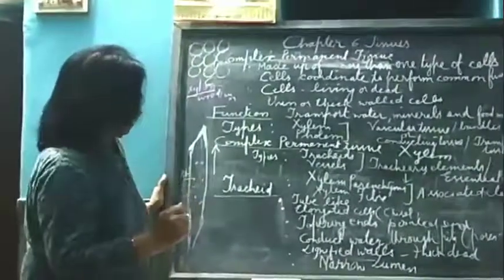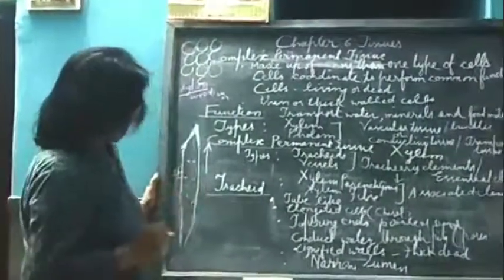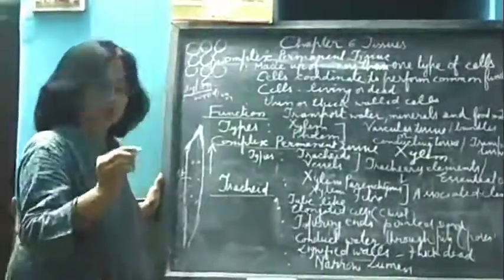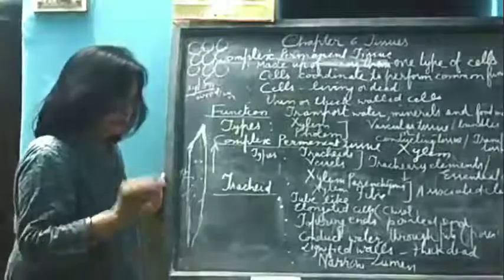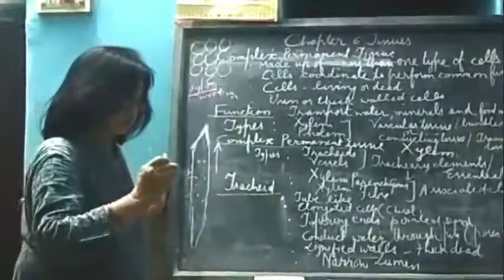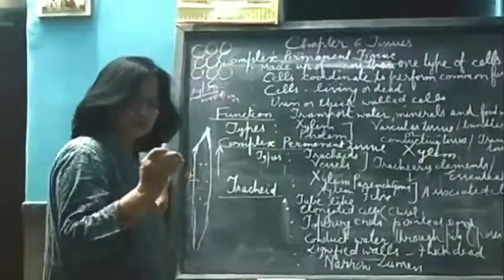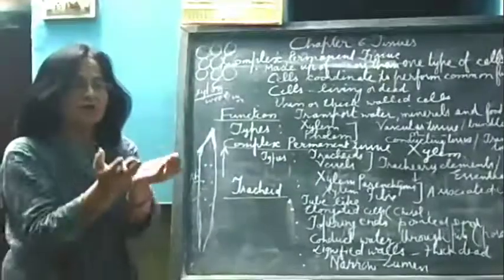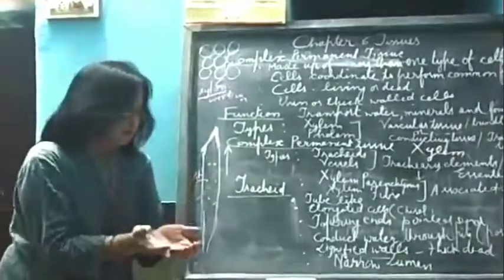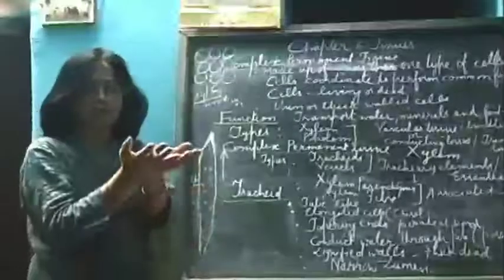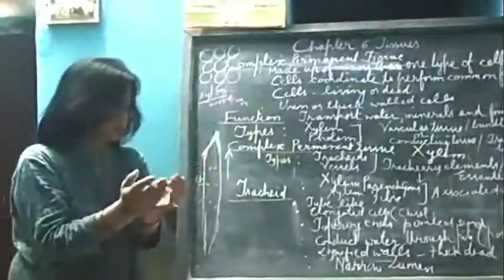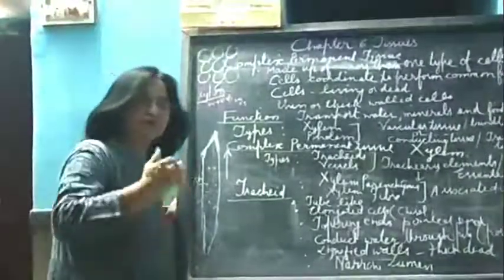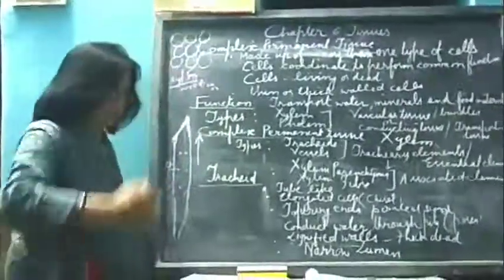What is the function of lignin? Lignin is always hydrophobic in nature, which makes efficient water transport possible. Means lignin will not absorb water, so water can easily move. Whatever water the plant absorbs will move in the upward direction.